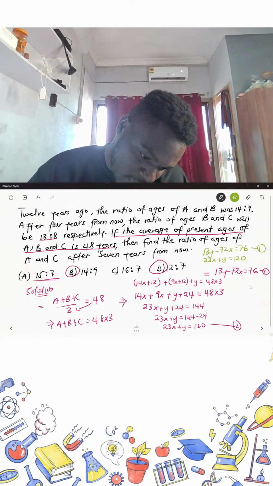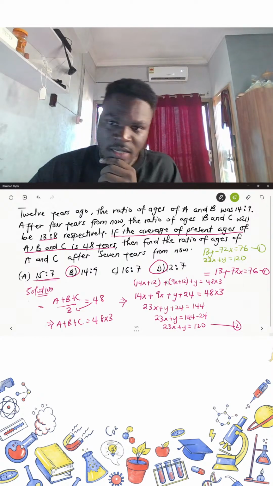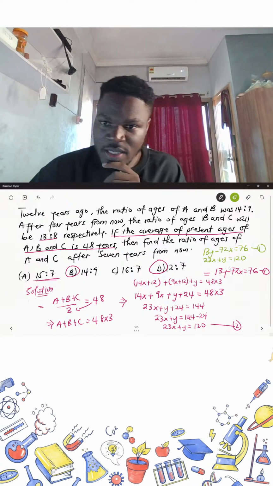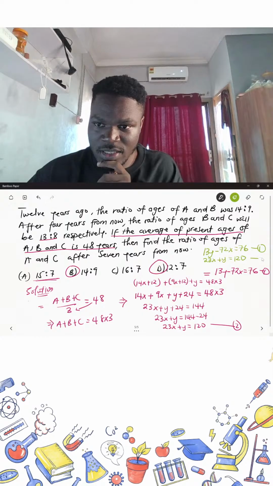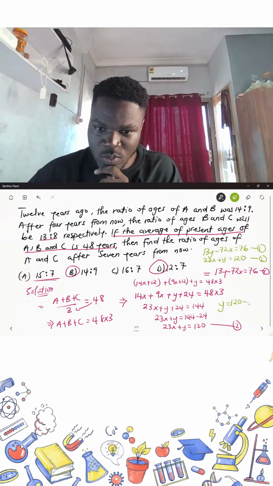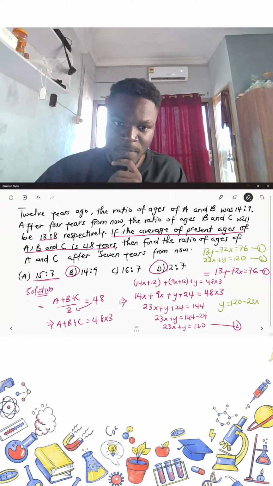Are you okay? All right. So from here, all we have to do is to solve for x and y. So this is our equation 2. Now from the equation 2, if I make y the subject, I'll get y is equal to 120 minus 23x. So I'll keep that in mind.